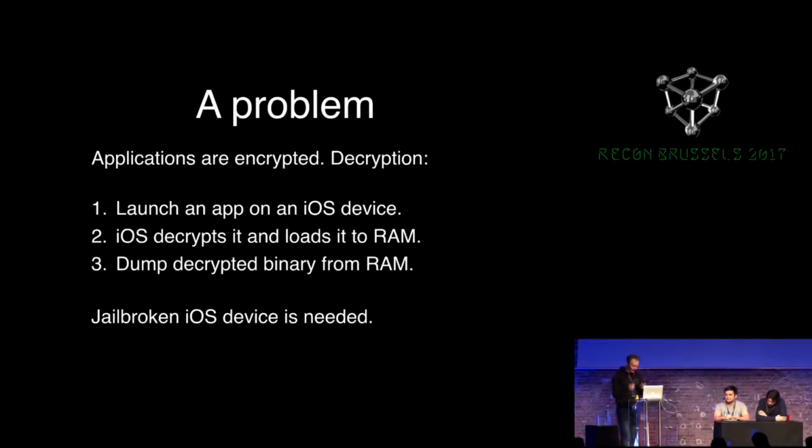To make this work, we will need a jailbroken iOS device. And as we anyway need a jailbroken device to decrypt the application, we can use it to download the application as well. So this whole step, getting the binary, will be done on the jailbroken iOS device.